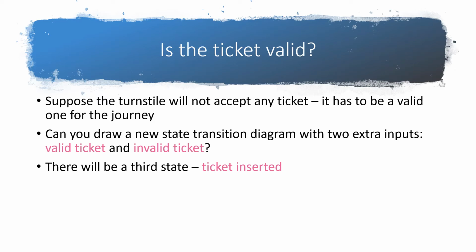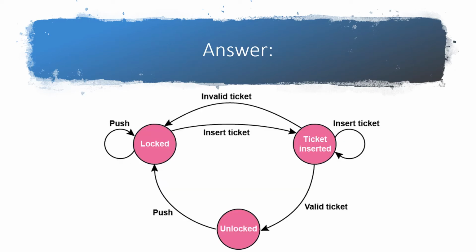So we could have a go at having an extra state, and we're going to call this one ticket inserted. So this is what the extra state is going to look like. This is a more complicated machine, but it just adds this extra functionality. If we insert the ticket, it's going to go to our new state called ticket inserted.